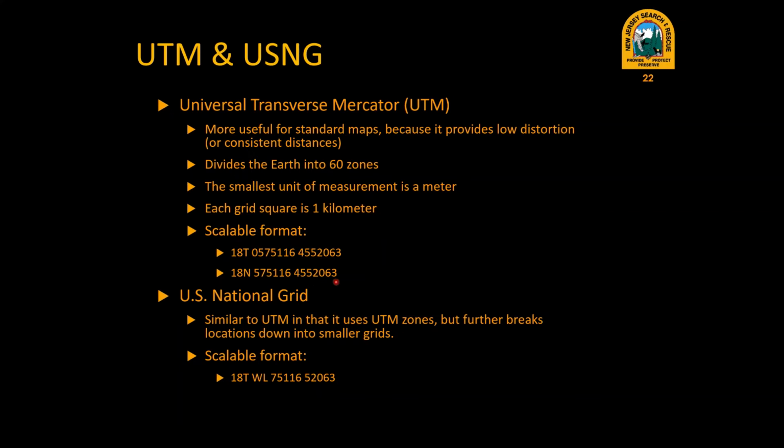The only difference is that it's broken down into a further grid, WL. It breaks down into a further distance called WL. You will notice that these two UTM coordinates are slightly different in terms of the number of digits.